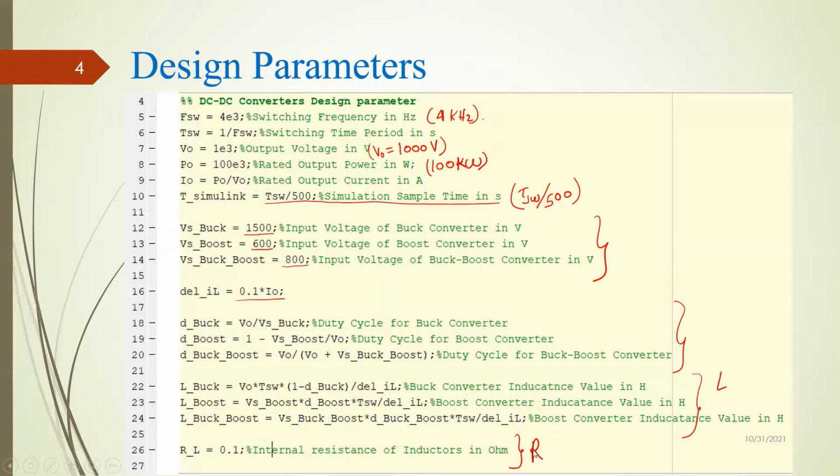Here I have randomly chosen this as 0.1 ohm. This can be any value, it is your inductor internal resistance. You can choose 10 milliohm or 500 milliohm depending on your inductance rating. Okay, so these are the design parameters, and you can pause this video and look in detail also.